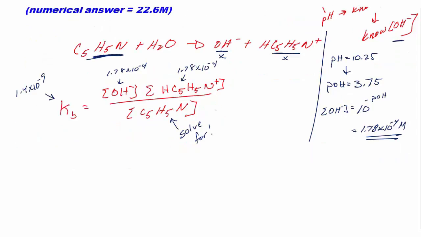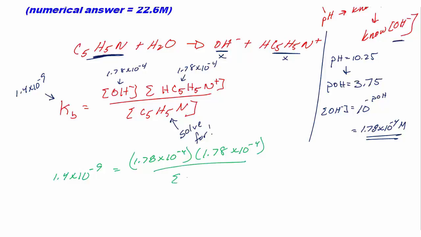So let's rewrite our expression here. We're going to have 1.4 times 10 to the negative 9 is going to be 1.78 times 10 to the negative 4, you could write squared, but we'll just write it twice, divided by what we're trying to find, the pyridine concentration. So let's just switch these two around.